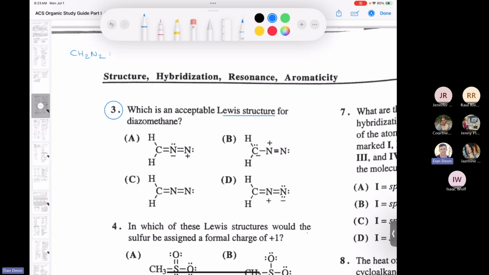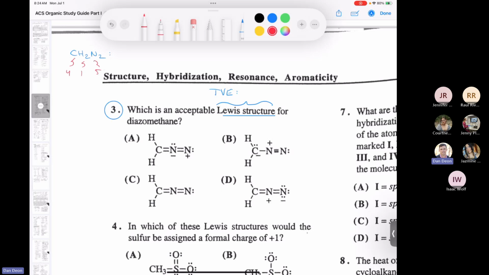Now, my question to you is, could anybody tally up the total number of valence electrons for diazomethane? For Lewis structures, we always want the total number of valence electrons, TVE. Could anybody tally that up and tell me how many total valence electrons there are in diazomethane? If you're unsure, just remember carbon has 4 valence electrons, hydrogen has 1, and nitrogen has 5.